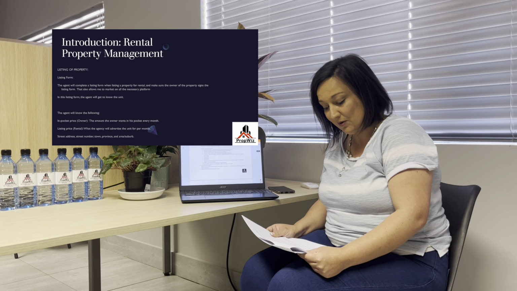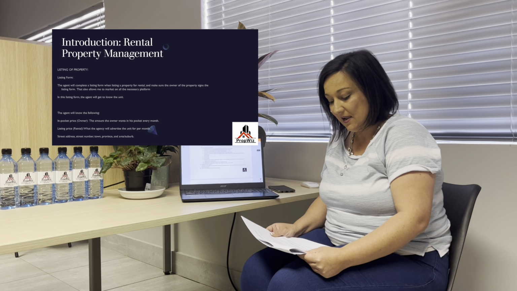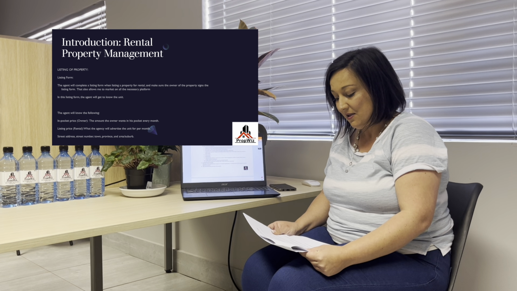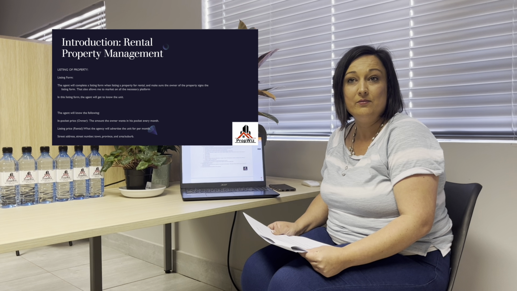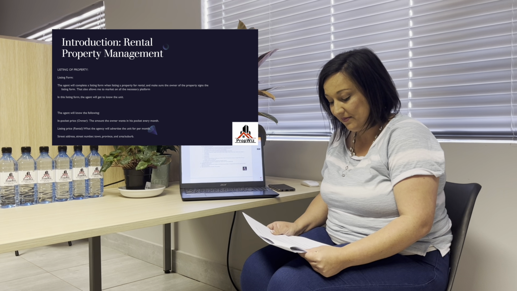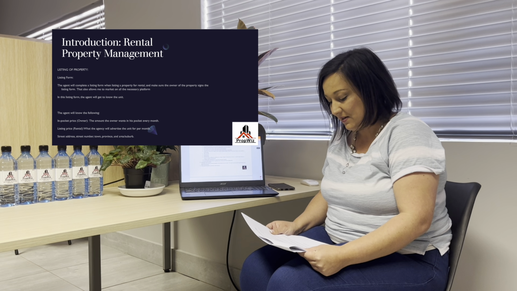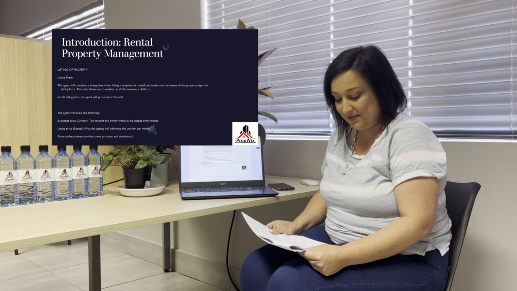In this listing form, the agent will also get to know the property. The agent will know the following: the in-pocket price that the owner wants, the amount the owner wants in his pocket every month, and the listing price for rental, what the agency will advise the unit for rental per month, the street address, the number, the town, the province, and the area where the property is.